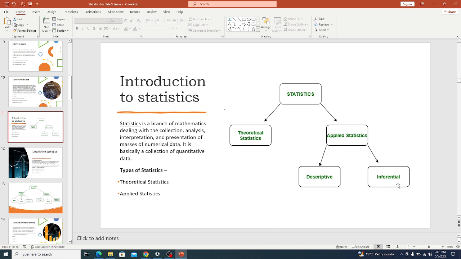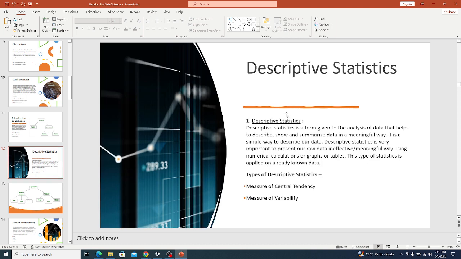Under inferential statistics, we'll discuss more of hypothesis testing and also distributions. All right, let's now start with descriptive statistics.